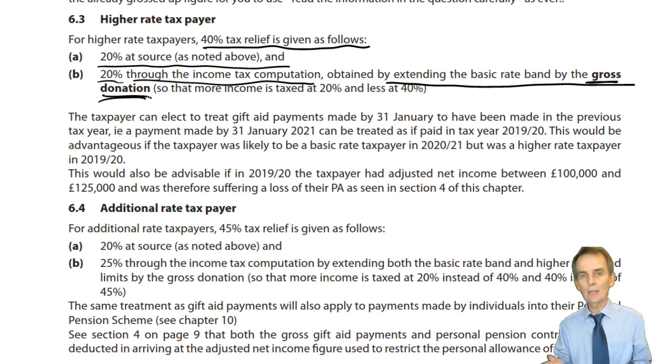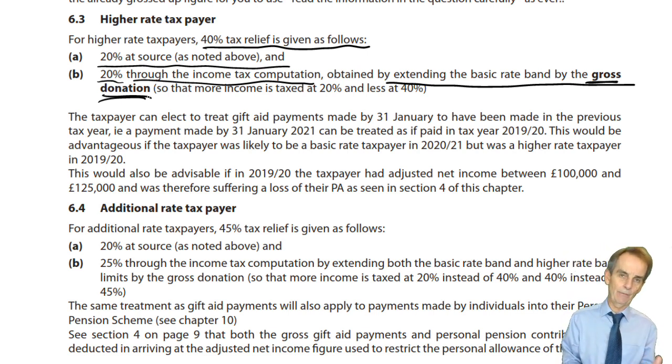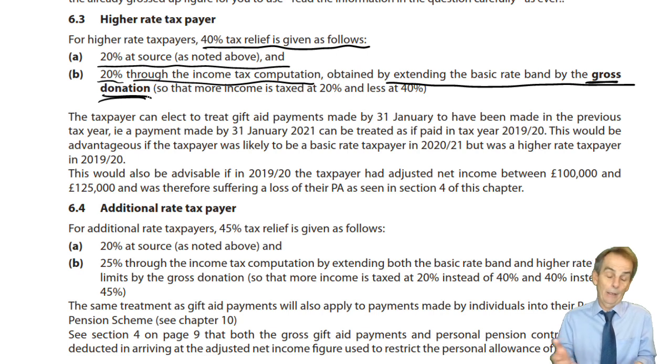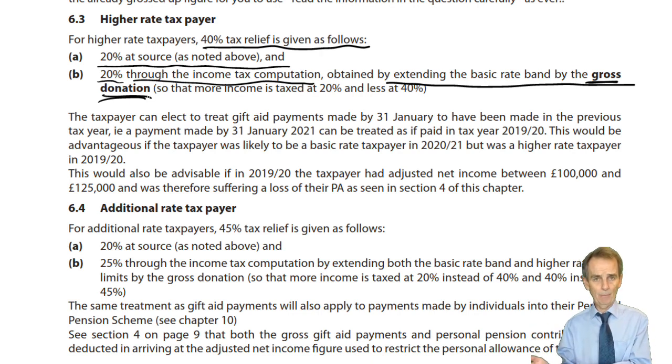And by extending the basic rate band limit from 37,500 to 42,500, i.e. by 5,000, you have taken 5,000 income out of the higher rate band, where it would have been taxed at 40%, and put it back into the basic rate band, where it's only taxed at 20%.